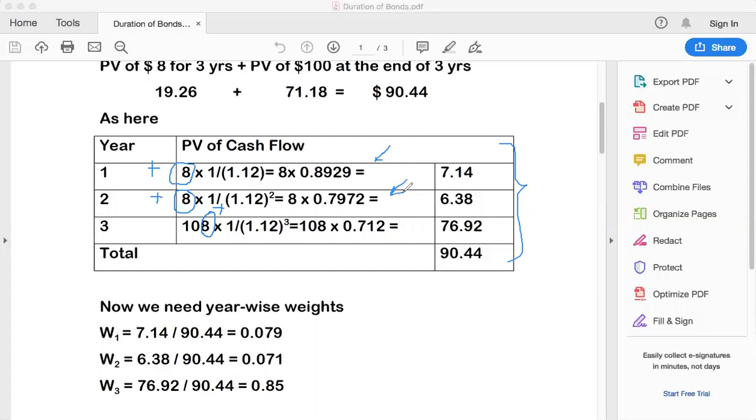So what does this mean? Your cash flows are trickling in even before your bond has matured. And we all know that the value of money that we have today is always more than it is tomorrow. For example, let us assume that the discount rate is 100%. What does this mean?